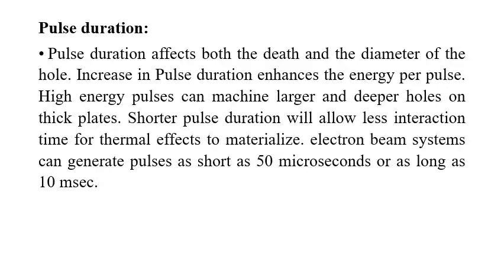Drilling using a longer pulse duration results in a wider and deeper drilled hole, and it also affects the heat affected zone as well as the thickness of the recast layer, which is normally 0.025 millimeter or less. The extent of both these effects should be as minimal as possible.